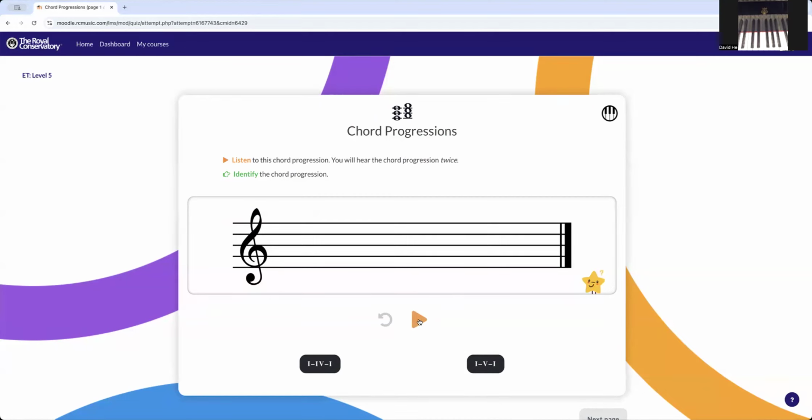Okay, answer this question. If you cannot hear this one clearly, listen to the bottom one. The bottom one is rocking from here to here.